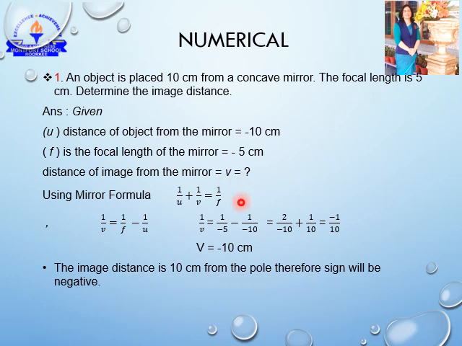Using the formula 1 upon u plus 1 upon v equal to 1 upon f, we get 1 upon v equal to 1 upon f minus 1 upon u. Now put in the values given. So 1 upon v is equal to 1 upon minus 5 minus 1 upon minus 10. Solve it and get the value of v. So v will be equal to minus 10 centimeter.